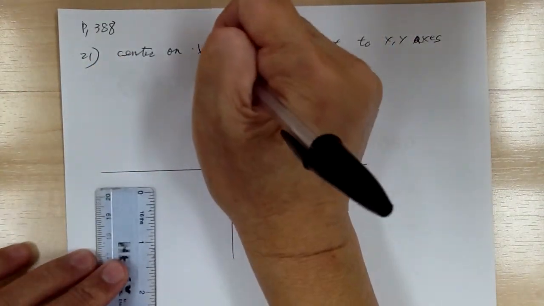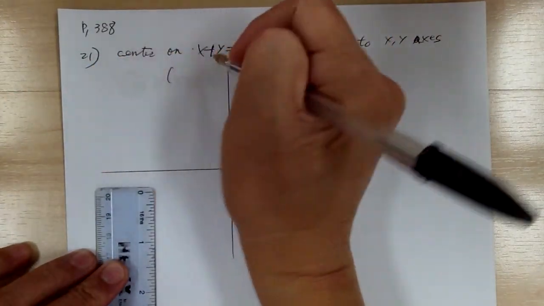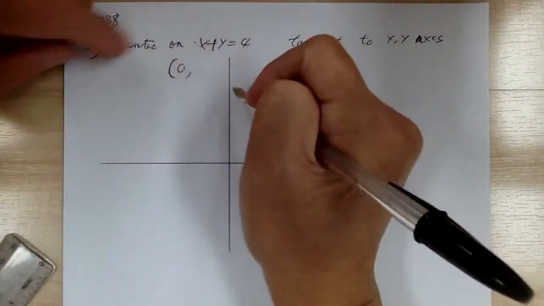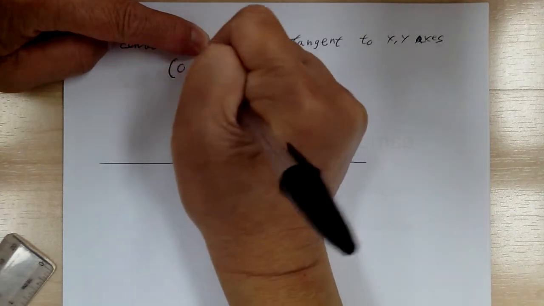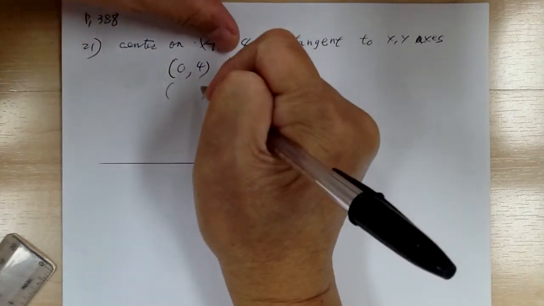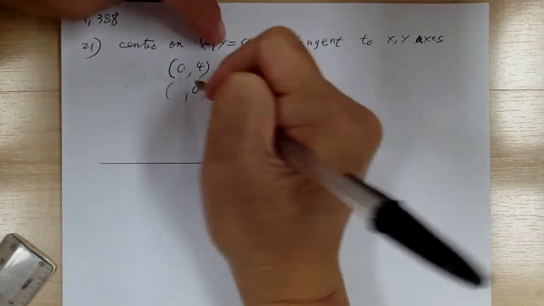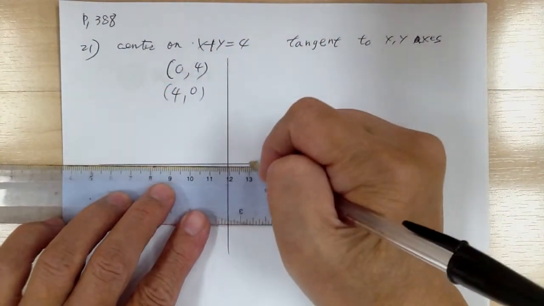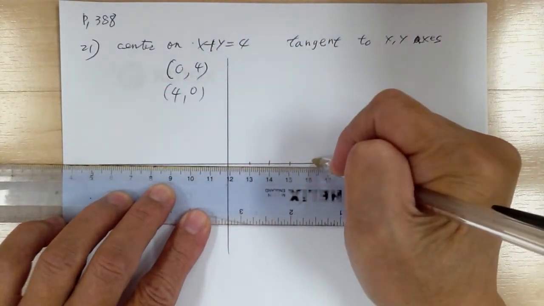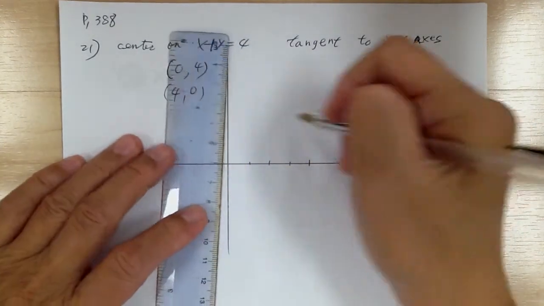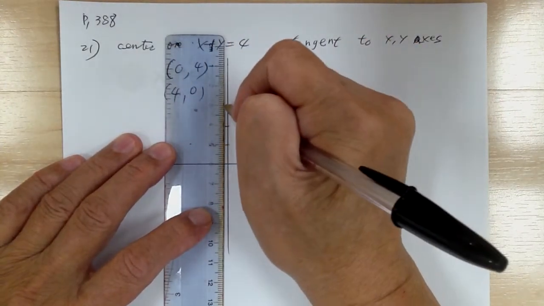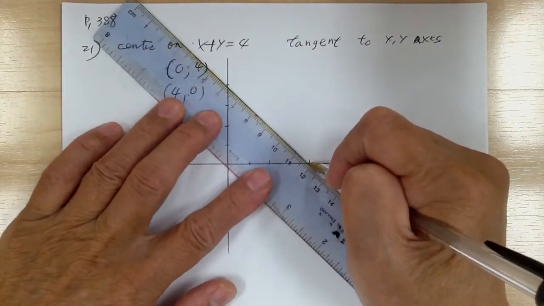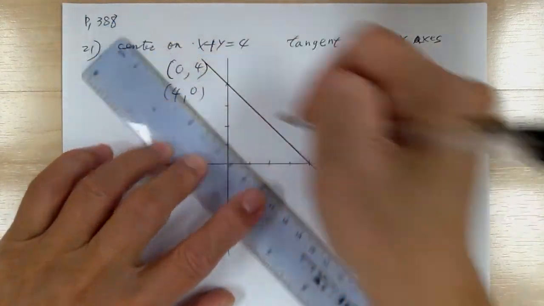Okay, so to sketch this, you have to find your intercept points, right? So let x equal to 0, then y will equal to 4. If you let y equal to 0, then x will equal to 4. Okay, so the center of the circle is going to be over here.